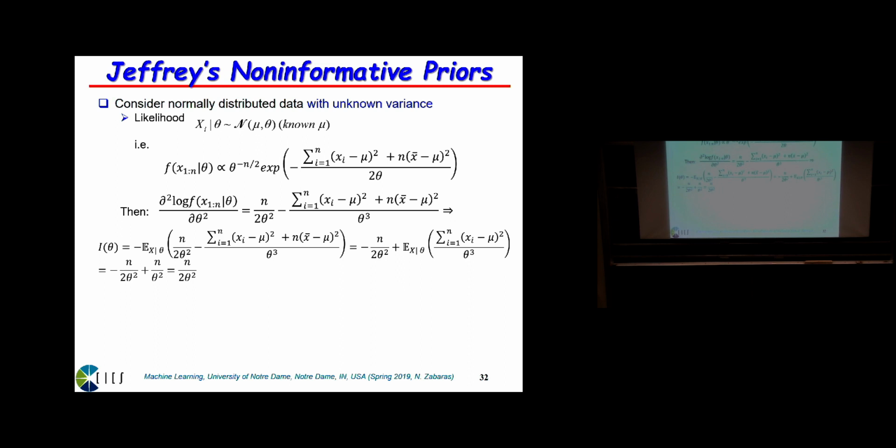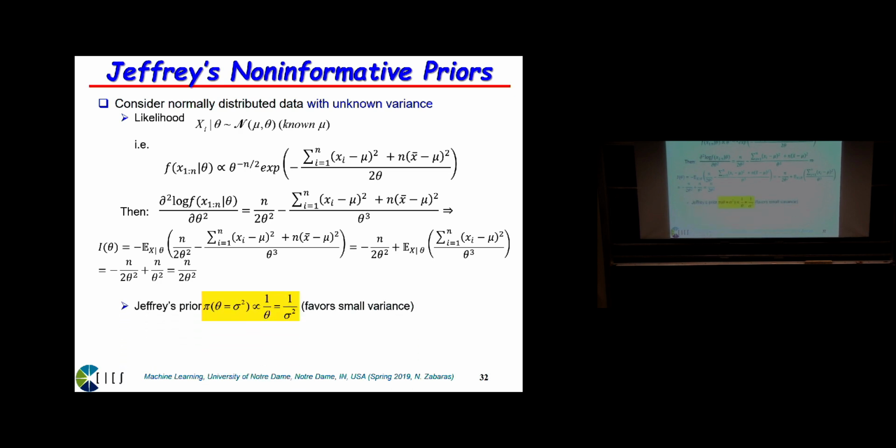What is the expectation of this? Remember, the actual data come from a distribution with mean mu and variance theta. So when you take the expectation of this, what do you get? You get n times theta. So basically, the Fisher information comes to be n over 2 theta squared.